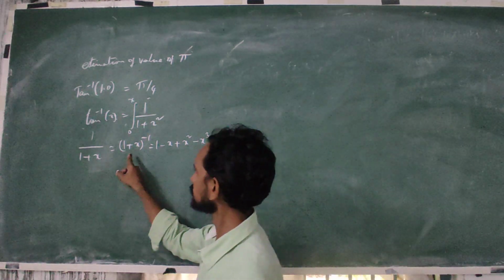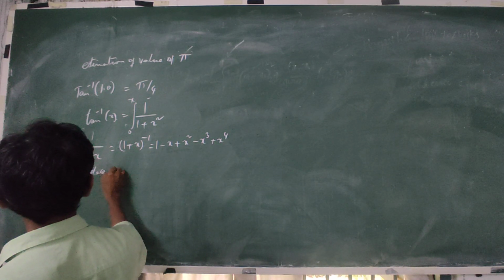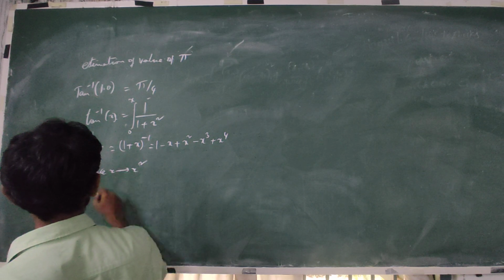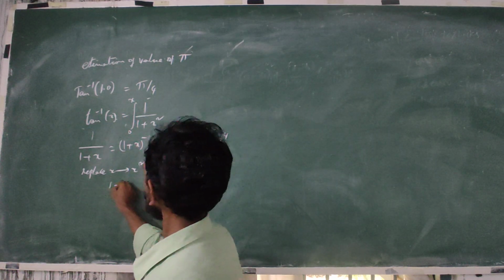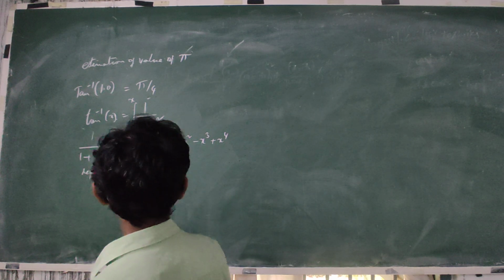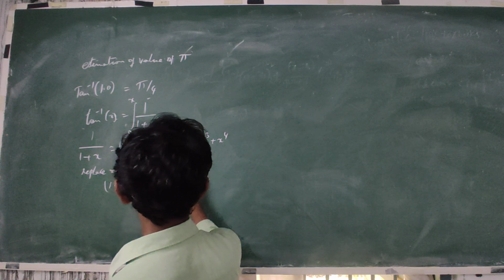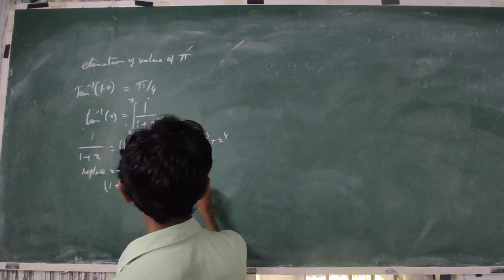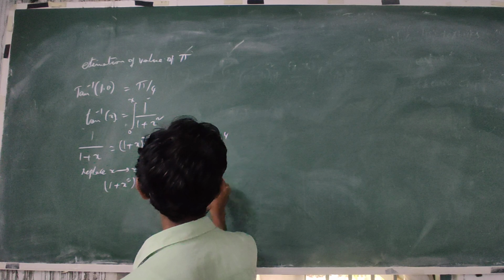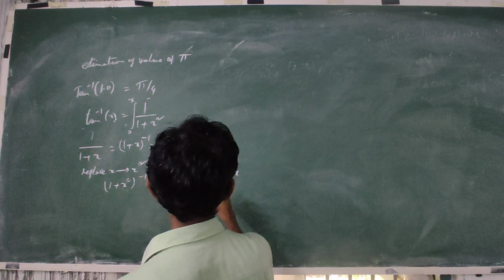So instead of x, we have to replace it with x square. So what you get is 1 plus x square whole inverse is 1 minus x square plus x power 4 minus x power 6 plus x power 8.